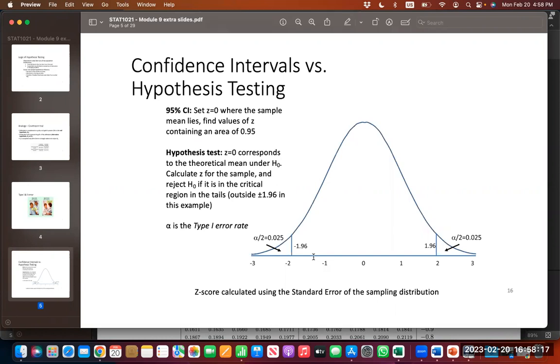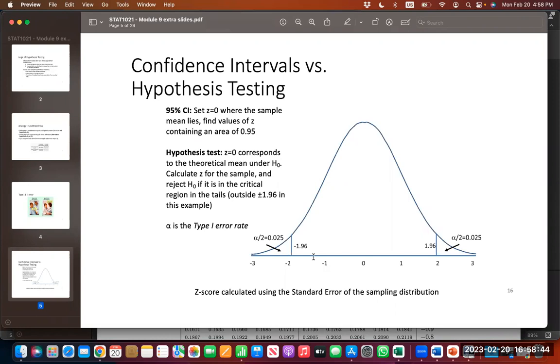You assume these are normally distributed, and you're standardizing them per the standard error of the mean. The standard error of the mean in the context of hypothesis testing becomes your standardization tool for this distribution of the sample means.